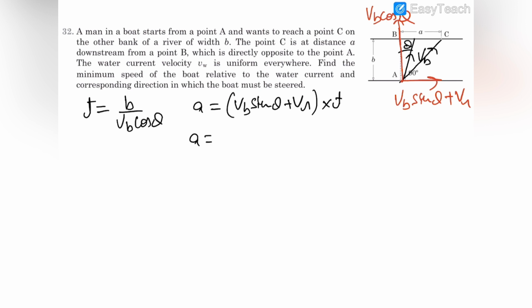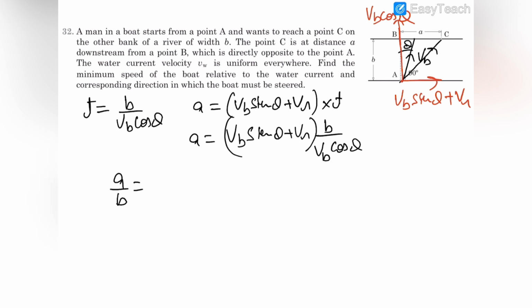Now we have already calculated the time, so it would be VB sin theta plus VR into B upon VB cos theta. Okay, now we have to find out VB from this equation. So A by B is equal to, you can see that it is tan theta plus VR by VB cos theta.